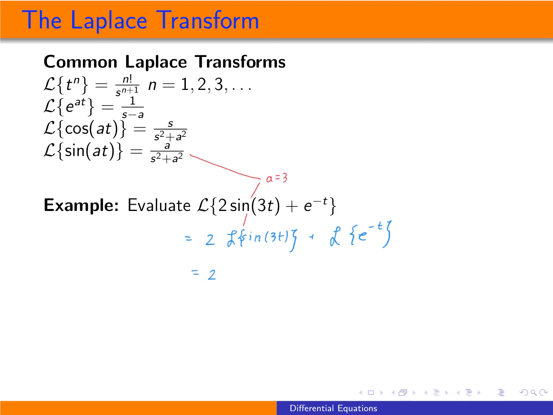So this would be 2 times a over s squared plus a squared. And for e to the minus t, that corresponds to the e to the at formula, with a being equal to minus 1. So this would be 1 over s minus a, which is 1 over s minus minus 1. And of course, I'd probably rewrite this as 6 over s squared plus 9 plus 1 over s plus 1.